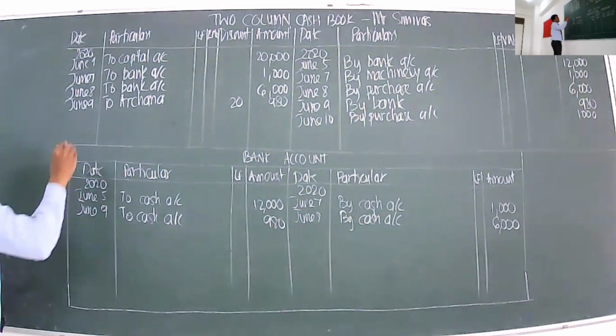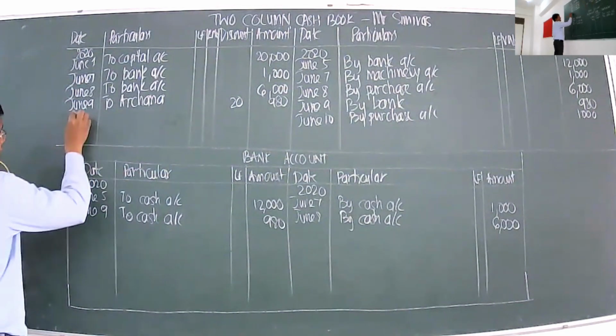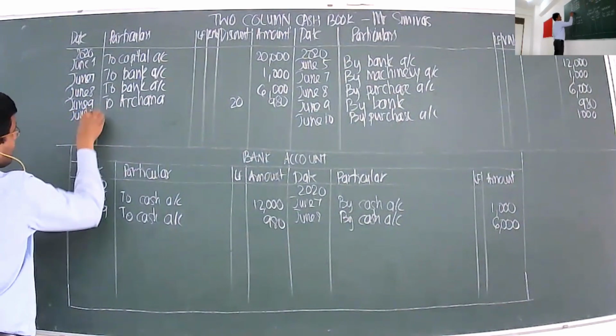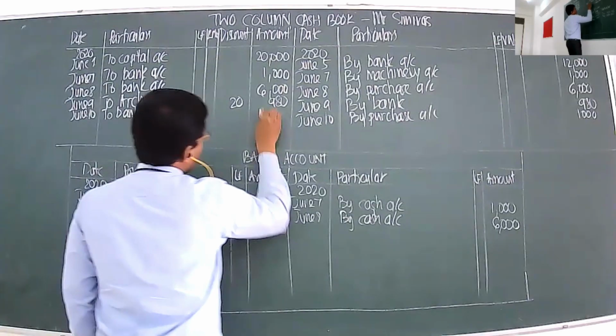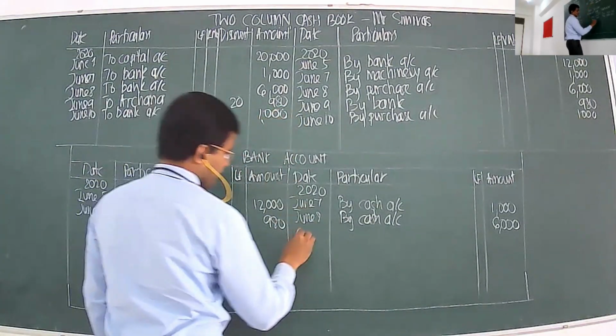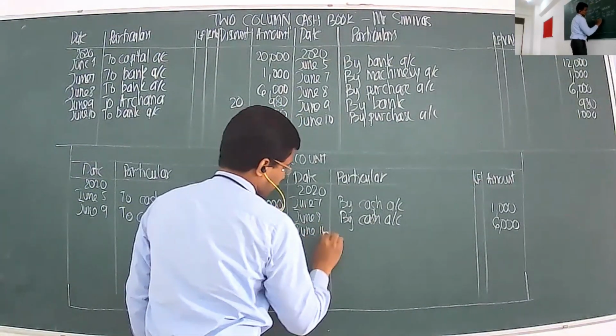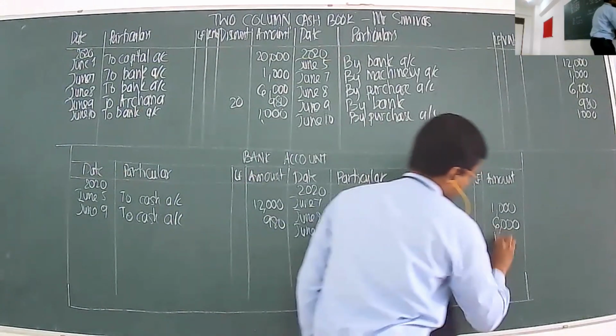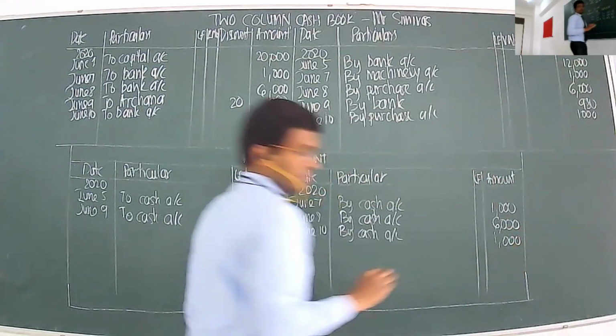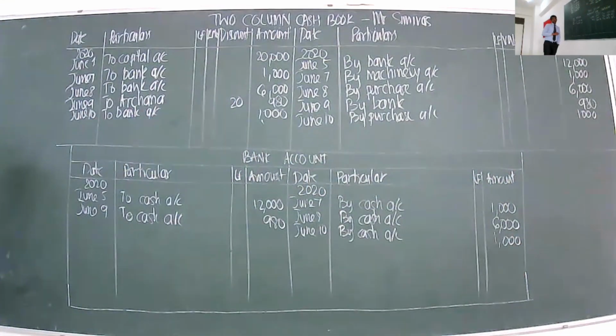You're making the payment through check. So since it's a check transaction, 3 entries. So June 10th to bank account, amount is 1,000, and then here June 10th by cash account, amount is 1,000. So we are done with that.